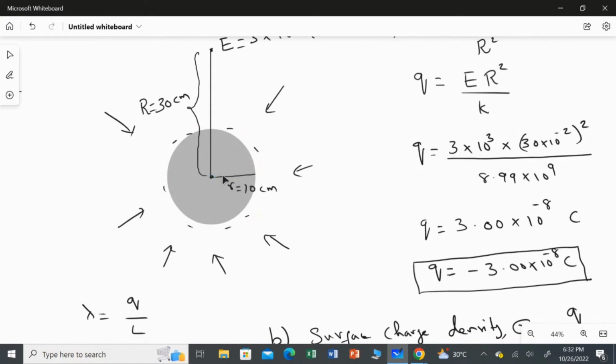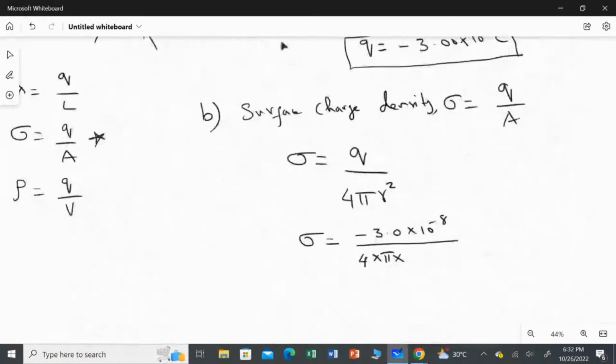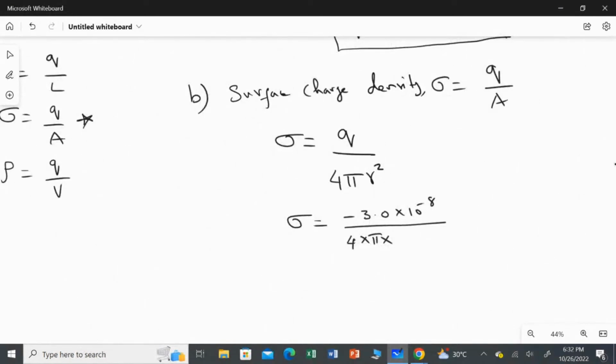So I have to use this value of the radius. In the question they clearly mention the radius of the sphere is 10 centimeter. If you see any direction in the sphere, all the radii are exactly constant. So I have to use the r value as 10 centimeter here. Clear? So that means 10 multiplied by 10 to the power of minus 2, the whole square. Understand? Now I'm going to find the answer. So take your calculator.